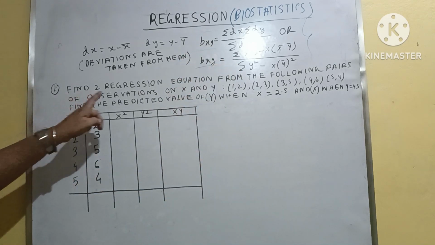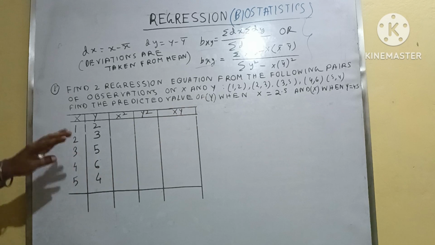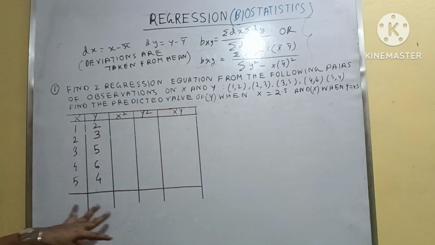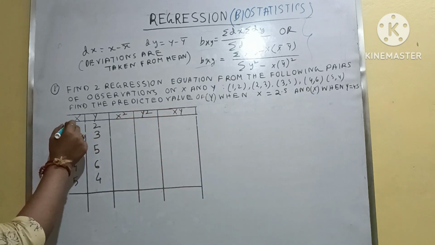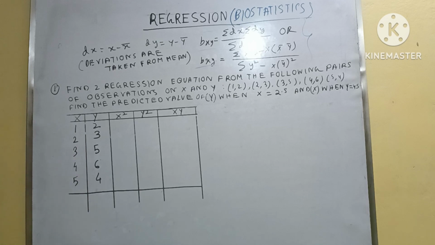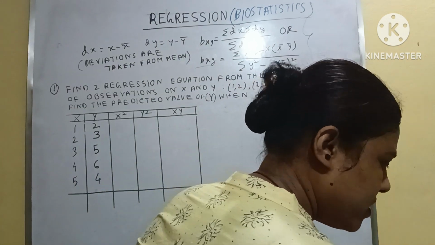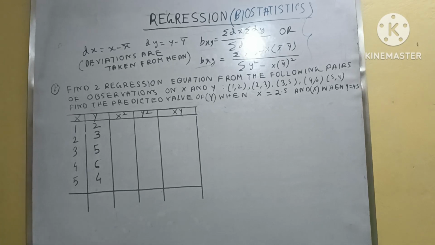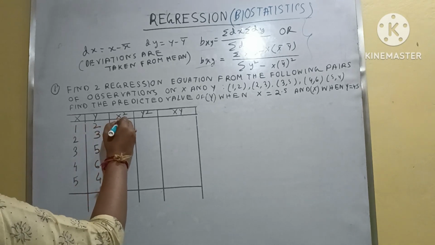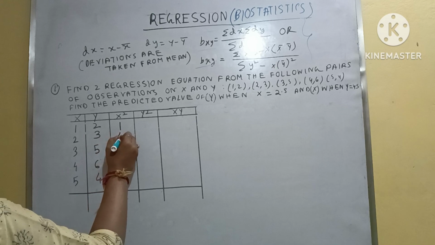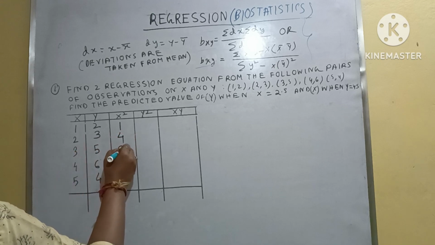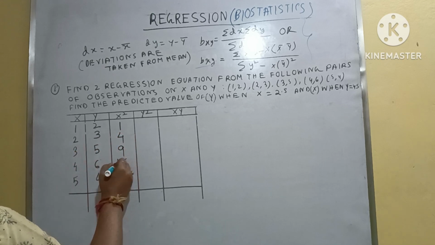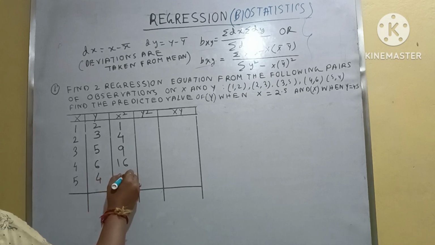Next, this is the problem, and I arranged this problem in tabular form. Here these are all the x values, these are the y values. Now we have to calculate x square. x square is 1 square, that means 1, 2 square means 4, 3 square means 9, 4 square that is 16, and 5 square that is 25.